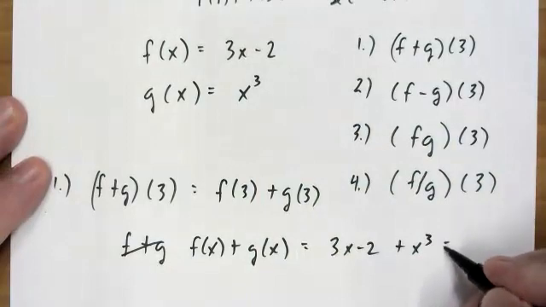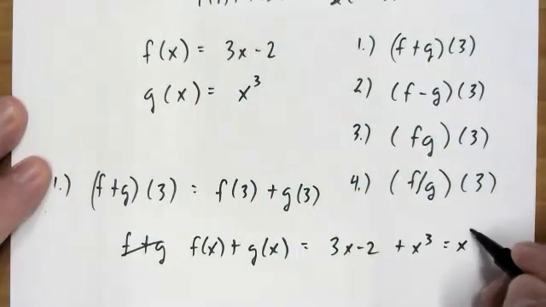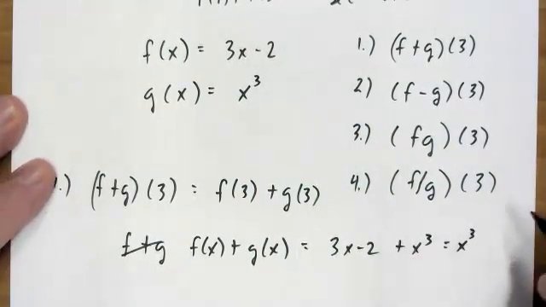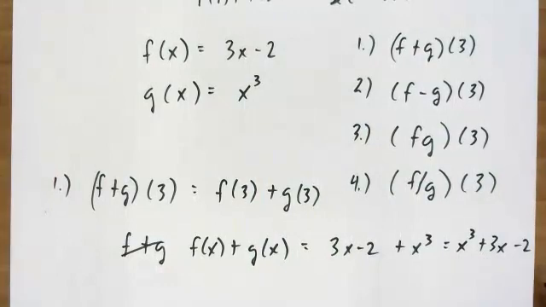Most of the time in math, we like to write things in descending powers. It just looks nice that way. So this would be f of x plus g of x. Of course, you notice that I haven't evaluated anything for x. So now if I'm going to do this problem, this could be my first step.